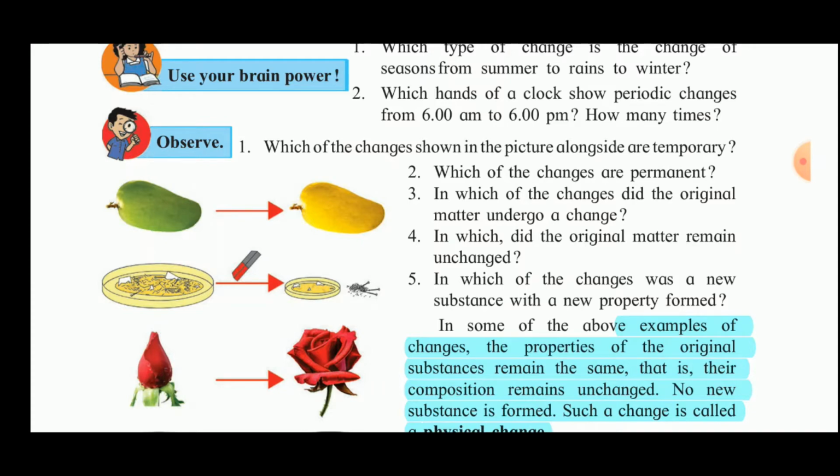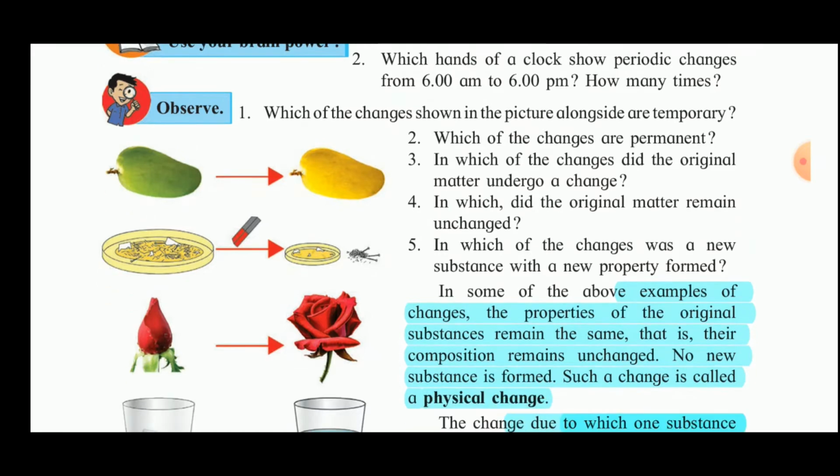In the first example, the ripening of the raw mango, the changes remain permanent. Then the second one, the burning of the magnesium ribbon, and the conversion of a bud into a flower. So what we see in the above examples of changes is that the properties of the original substance remain the same.